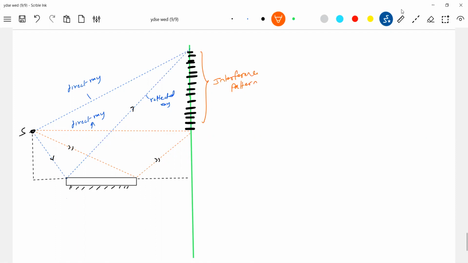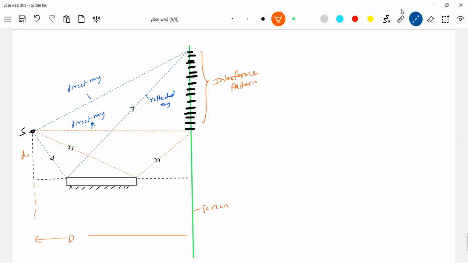So what are the assumptions of the distance from source to the screen? This is screen. This is a height, you can write d naught. It will form an image at what distance? At a distance d only.